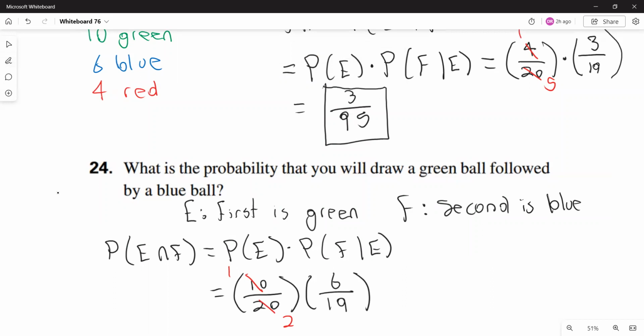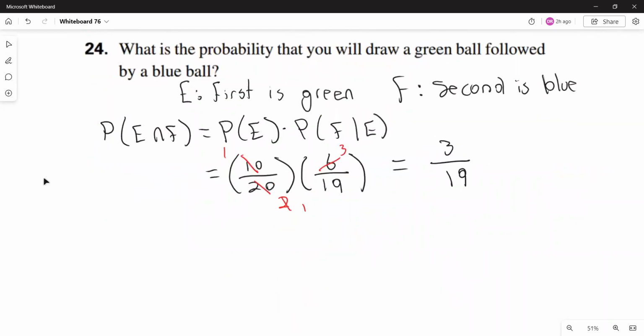And then 6/2, that's 3/1. So the probability will be 3/19. That is, the probability that the first ball is green and the second one is blue is 3/19. And for this matter, we can extend the technique to more than 2 events.